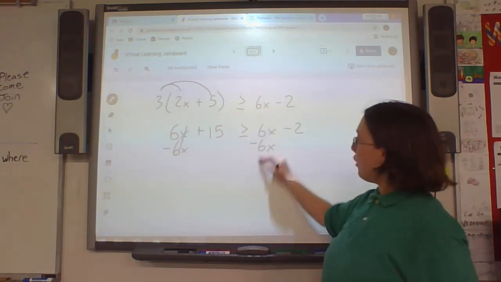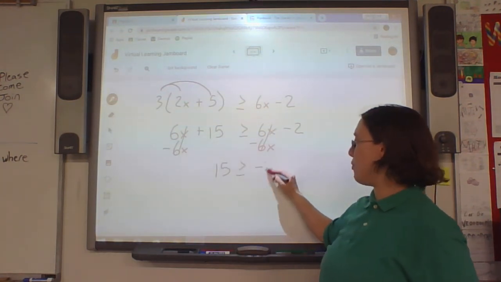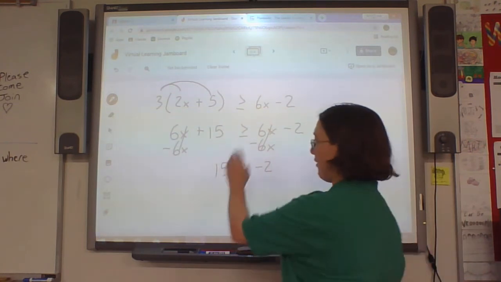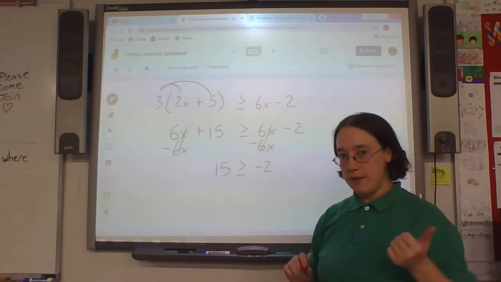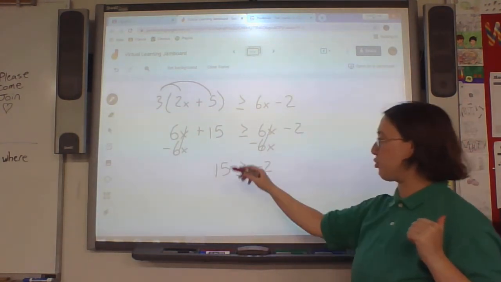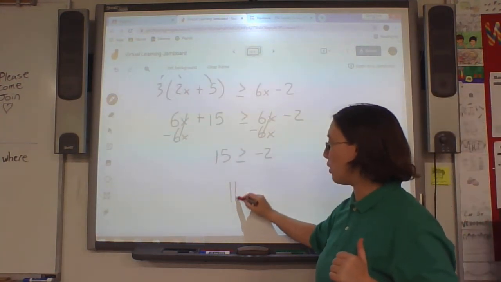These are gone, those are gone, but this time we have something that's true, because 15 is always going to be bigger than negative 2. Your positive is always going to be bigger than your negative. So if all of our variables are gone and we've got something that's always true, then we're going to call that all real numbers.